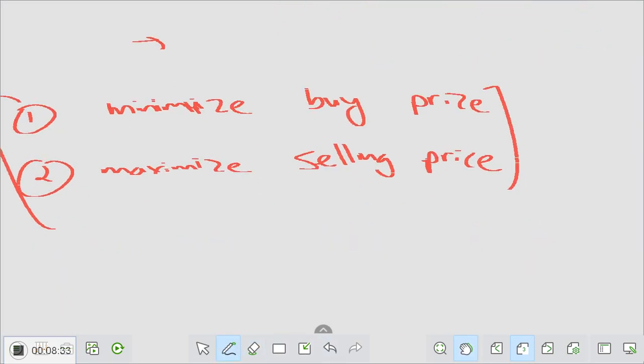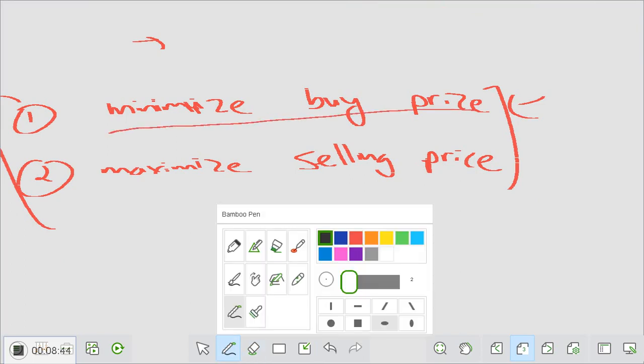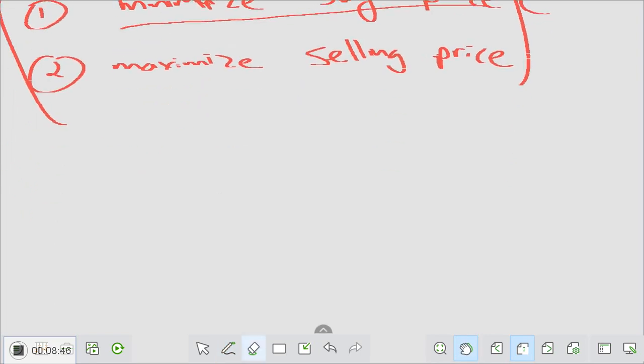How can I achieve it? By minimizing the buy price. So I have an array of prices. The array says that the prices are 7, 1, 5, 3, 6, and 4.